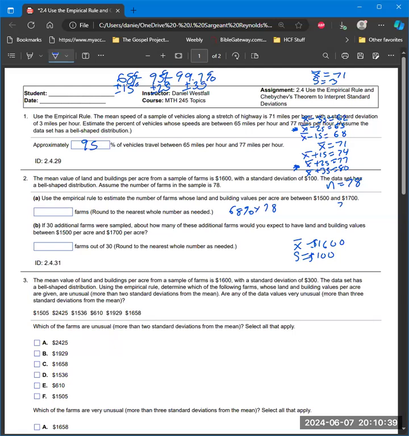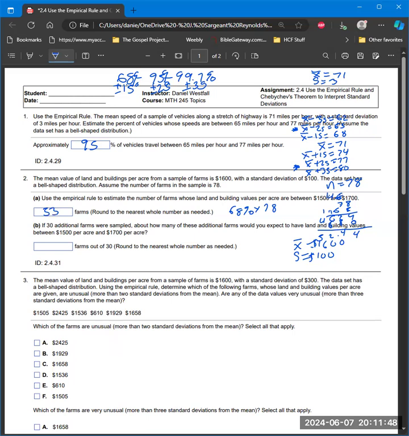So 78 times 0.68, that's 52 point something, and they just said let's round that up to 53.